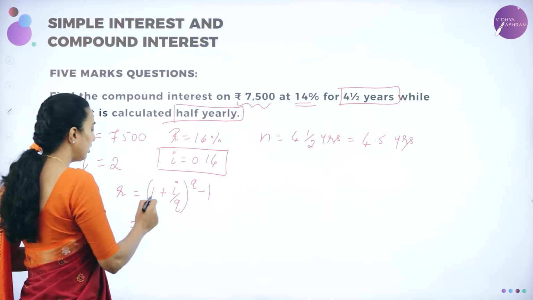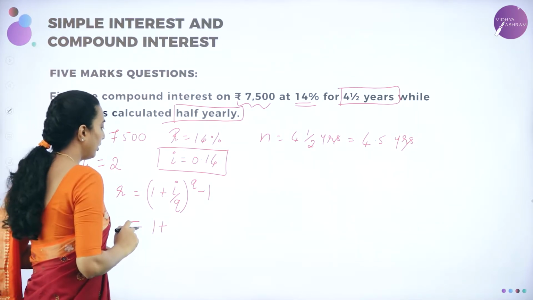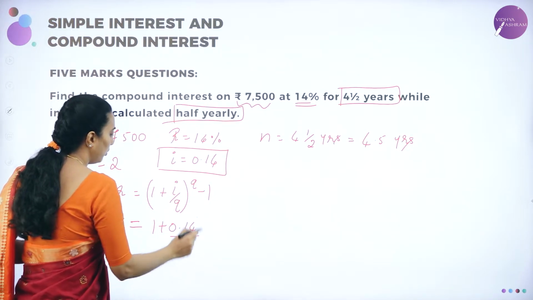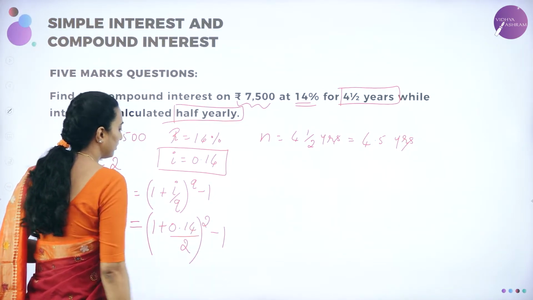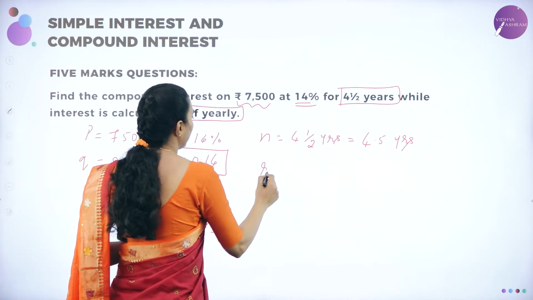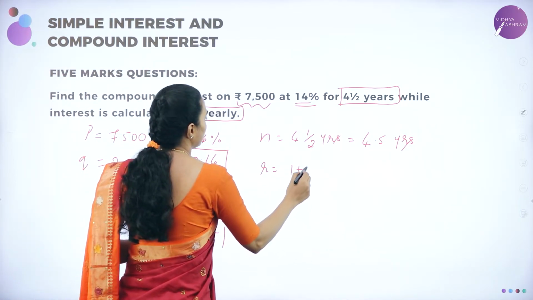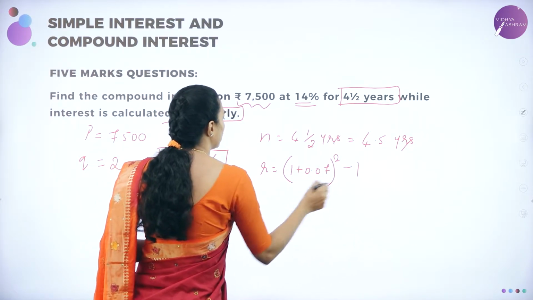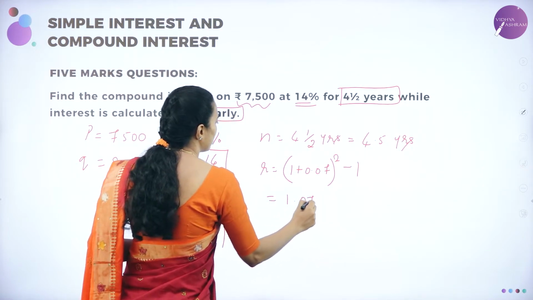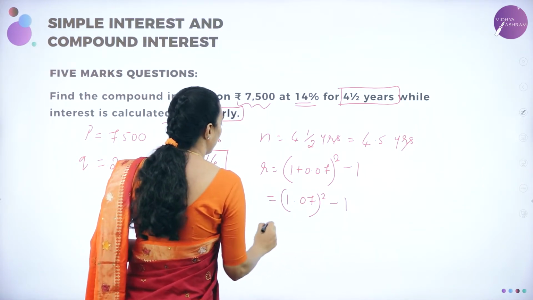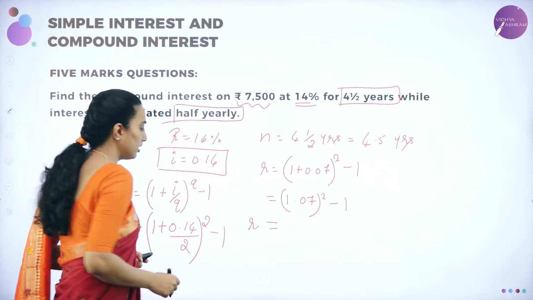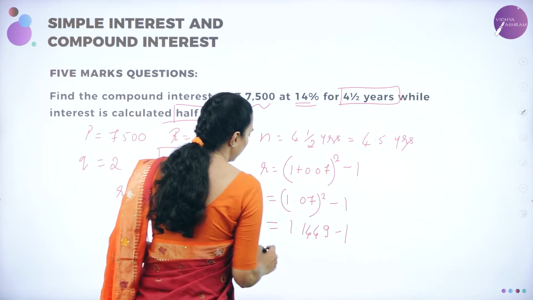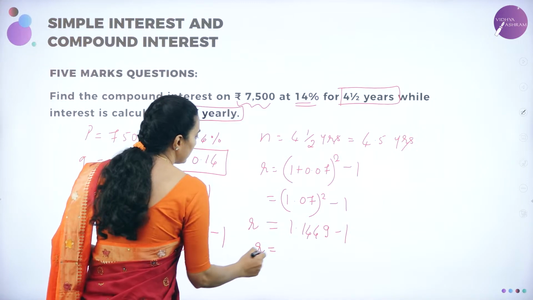Let me substitute here: 1 plus 0.14 divided by Q, which is 2, whole to the power of 2 minus 1, which is 1 plus 0.07 whole to the power of 2 minus 1, which is 1.07 squared minus 1, which is 1.1449 minus 1.